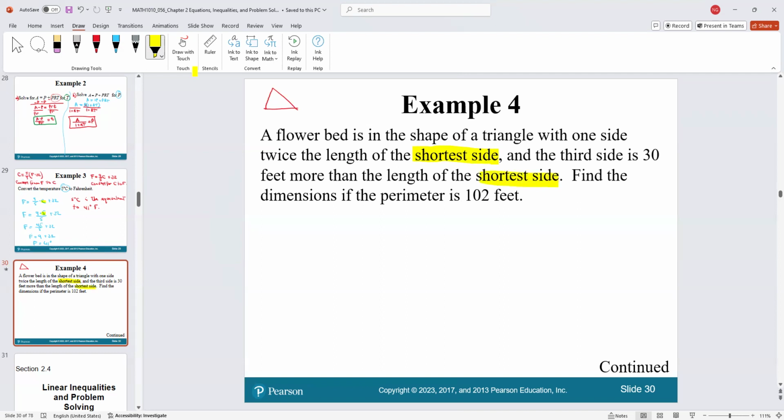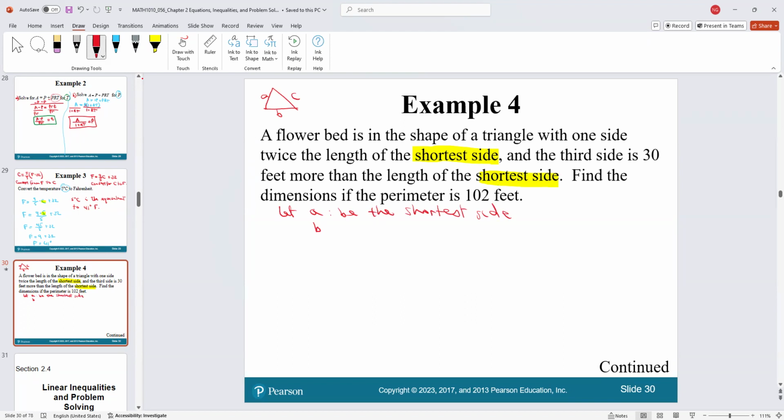So if I know the first side, let's call them A, B, and C, all right? Suppose we let A be the shortest side, and now what should B be?